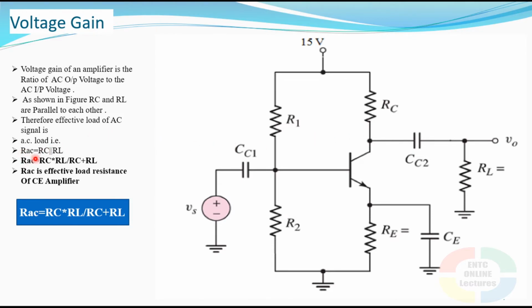Here RAC is the total output resistor, which can be calculated using this formula: RAC is equal to RC into RL divided by RC plus RL. Using this formula, we can get RAC, which is the effective load resistance in a CE amplifier.